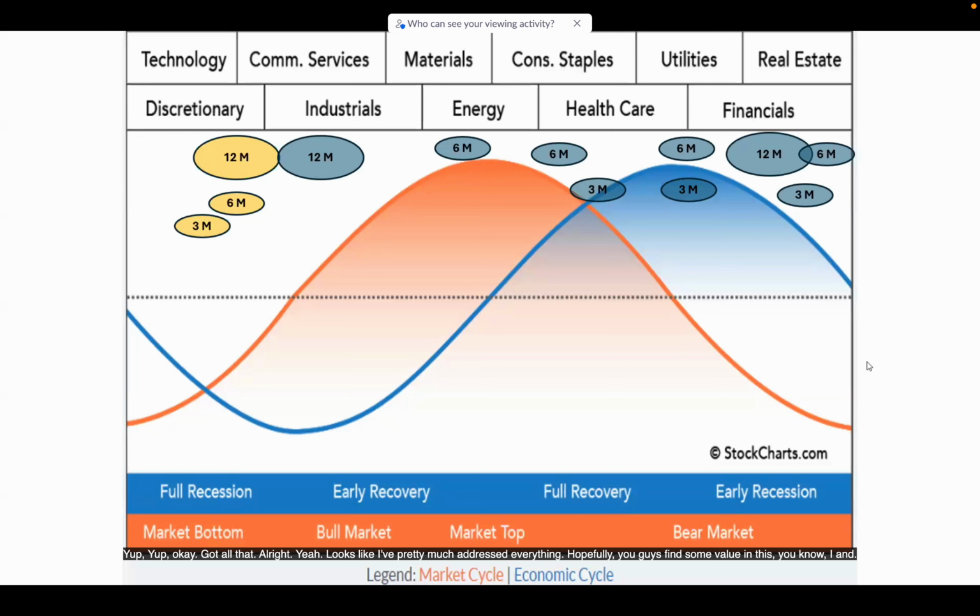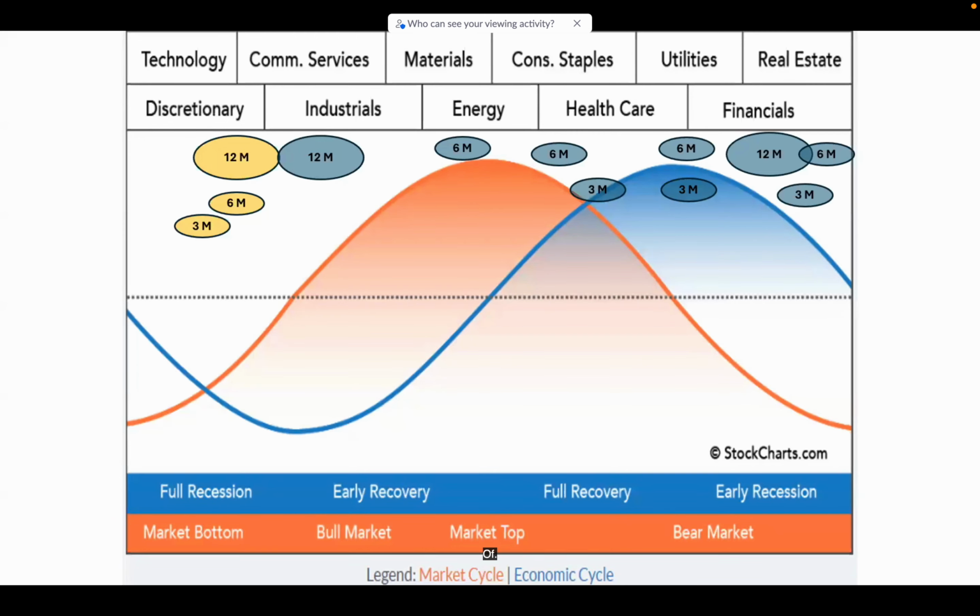Hopefully, you guys find some value in this. And just to wrap this up, this is something that I've been doing every month for the last 17 years. And as I stated earlier, this is probably the first time where I've seen this degree of mixture, if you will.